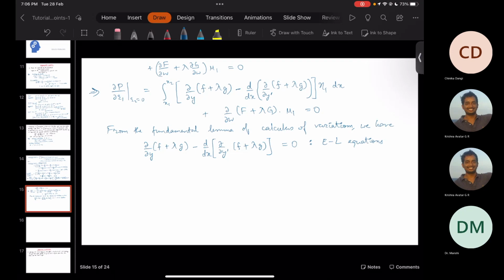And the second condition is, since it has to also hold for arbitrary variations mu1, our second condition is that we'll need to have, and since f is a pure function in w, we can also write it as (f plus lambda g) prime with respect to w is equal to 0.